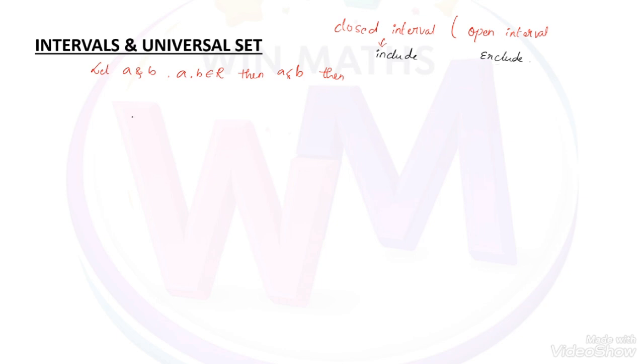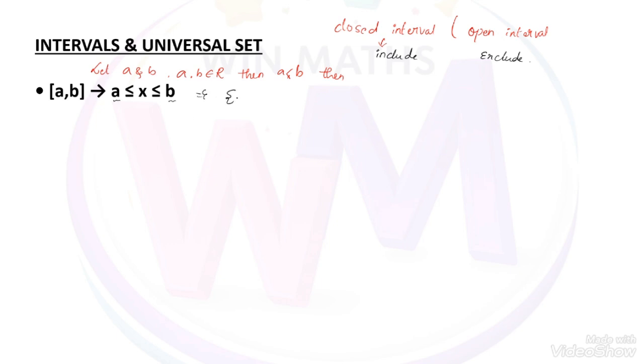Now we will take the first one, a closed interval. Simply, we have to consider the closed interval, where the endpoints are included.